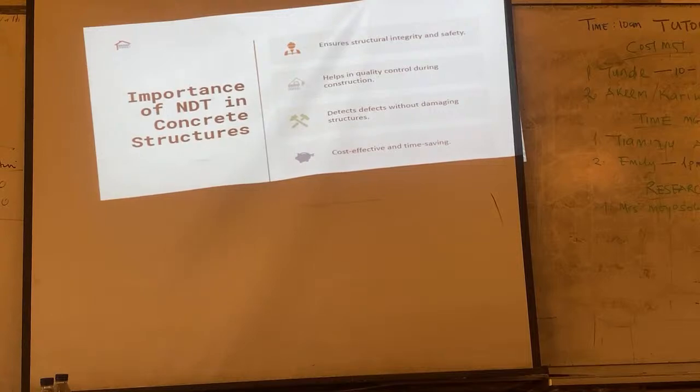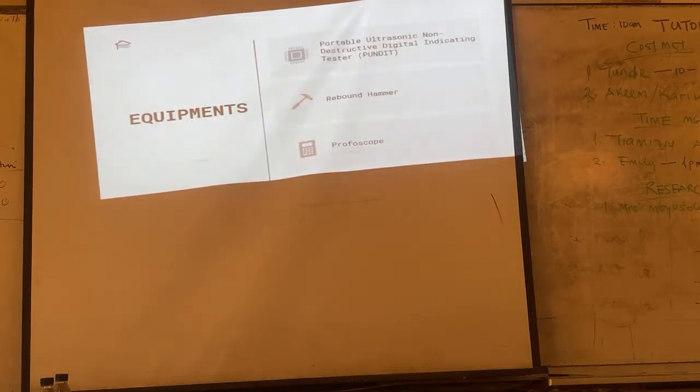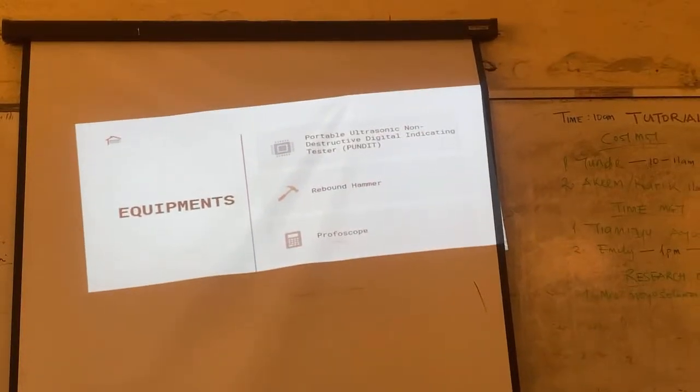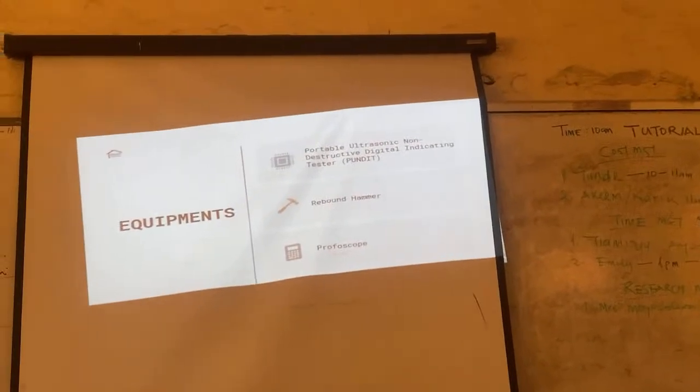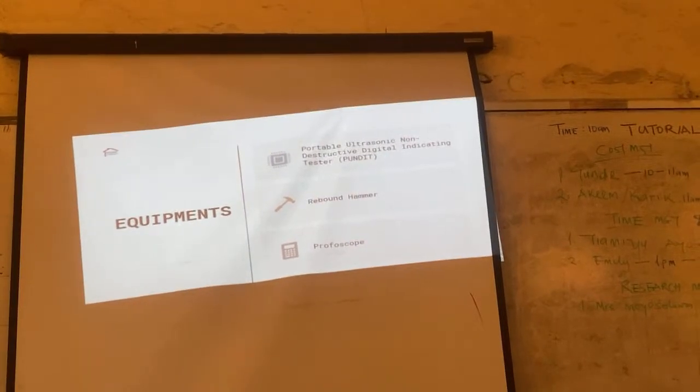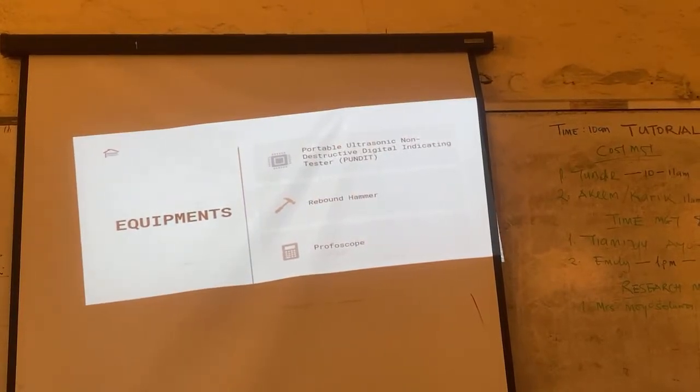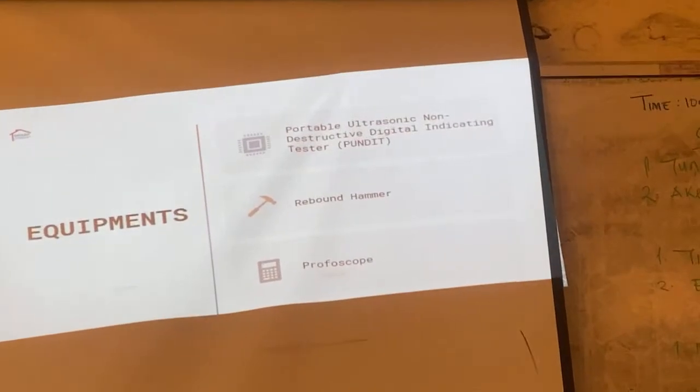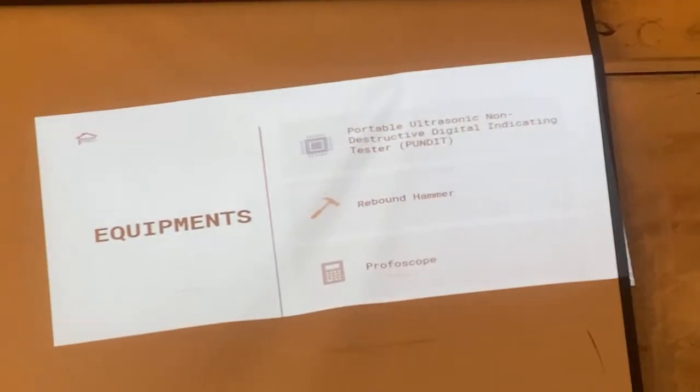So we'll be looking at some of the equipment that are being used. There are numerous equipment. You can see our boxes there, right? We have that box, and inside that box, there are 3 pins and some extras. So you'll be looking at the portable ultrasonic non-destructive digital indicating tester.